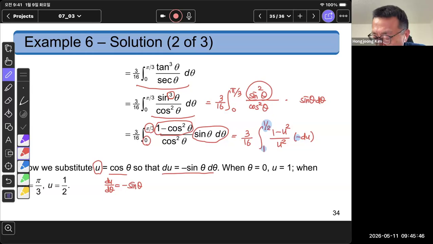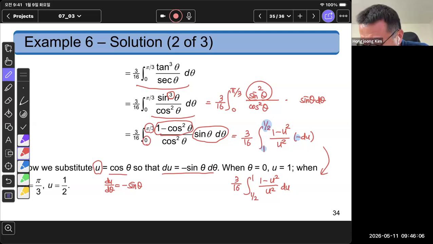So you get 3/16 integration of 1 minus u squared over u squared du from 1/2 to 1.